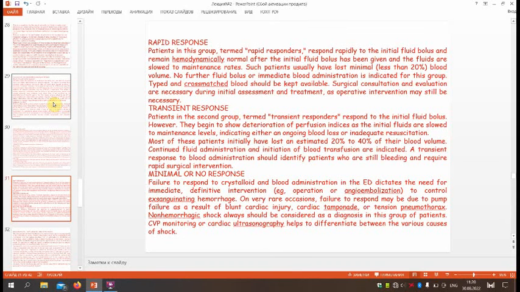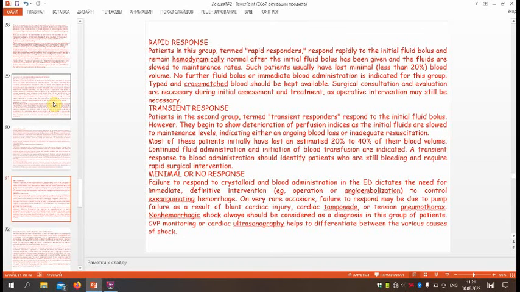Transient response. Patients in the second group, termed transient responders, respond to the initial fluid bolus. However, they begin to show deterioration of perfusion indices as the initial fluids are slowed to maintenance levels, indicating either an ongoing blood loss or inadequate resuscitation.